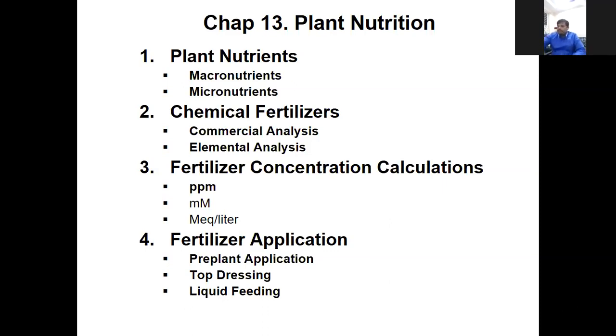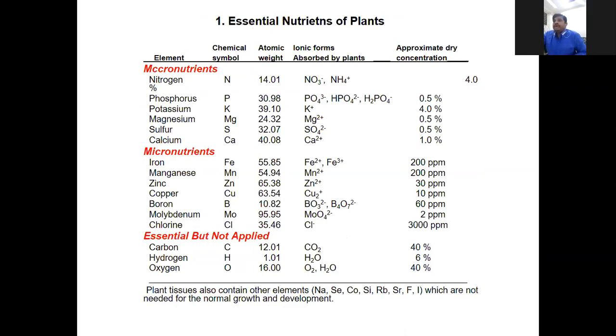And you know various macronutrients and micronutrients. A macronutrient is required in larger quantity. Nitrogen, phosphorus, potassium are primary macronutrients. Calcium, magnesium, sulfur are secondary macronutrients. And micronutrients are Fe, Mn, Zn, copper, boron, molybdenum, cobalt, nickel, chlorine.